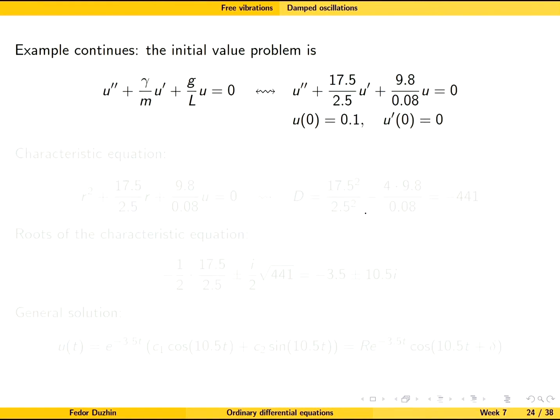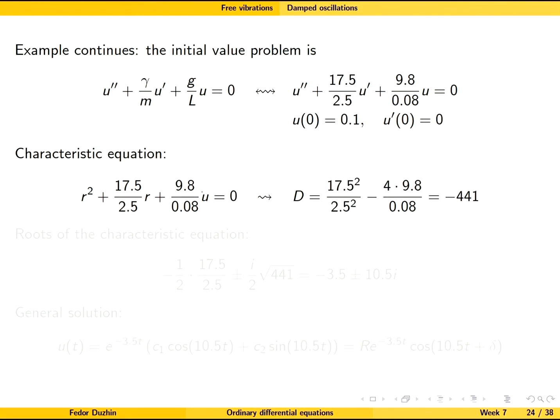Then you just fill in all the values, and here is what you get. Then you write down the characteristic equation. Sorry, there is a typo. I'm going to fix it in the printable slides. Okay, so then we can continue.